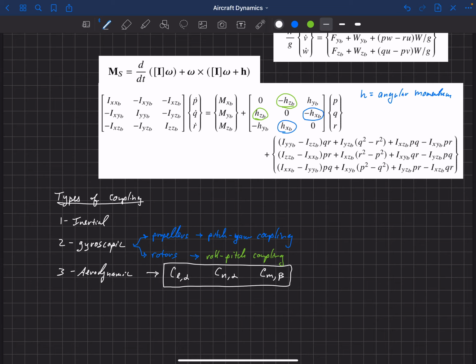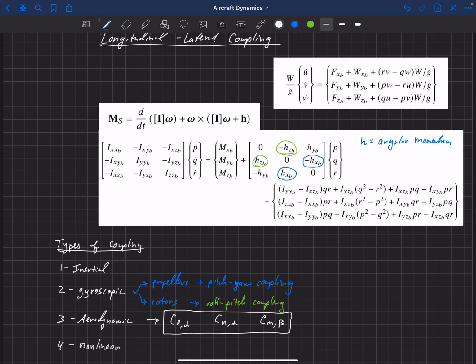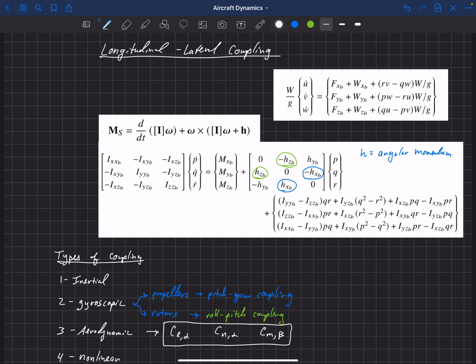Okay, and then the final type of coupling here is what I'm going to call nonlinear. Now, we linearized these equations in order to decouple them, and just to refresh your memory, what we did there was we chose some equilibrium state.